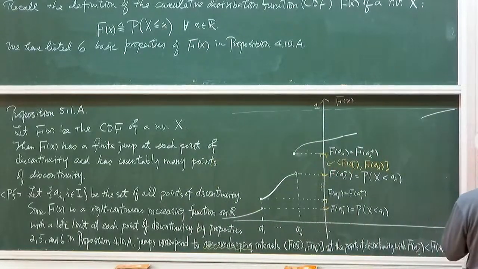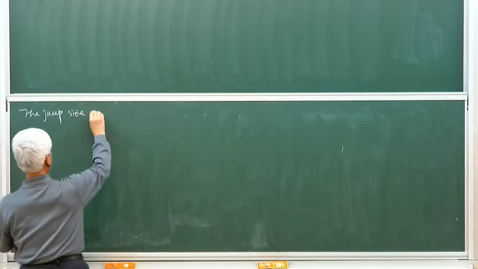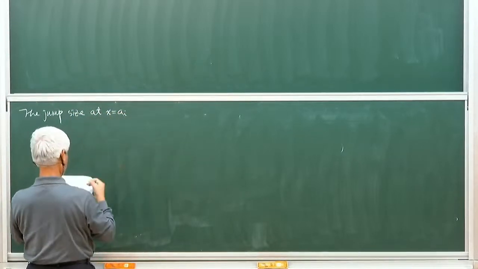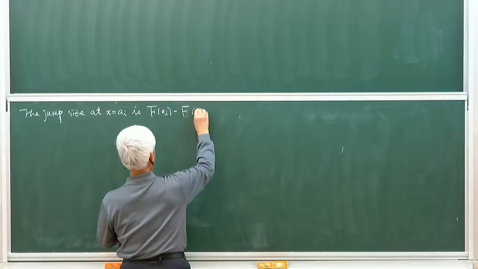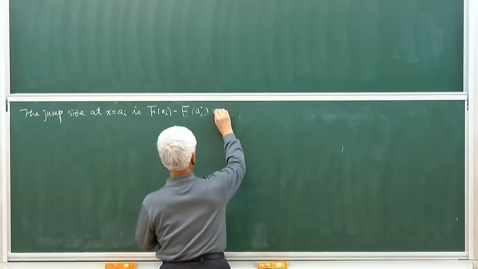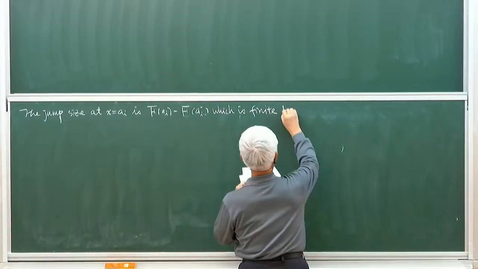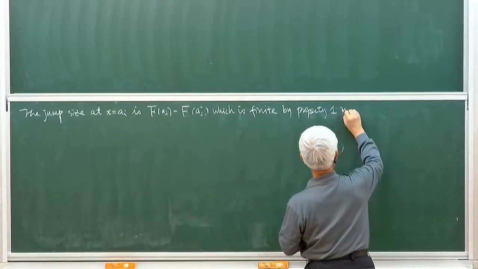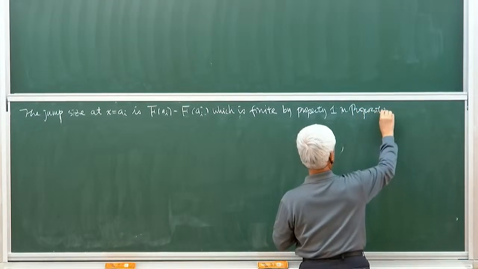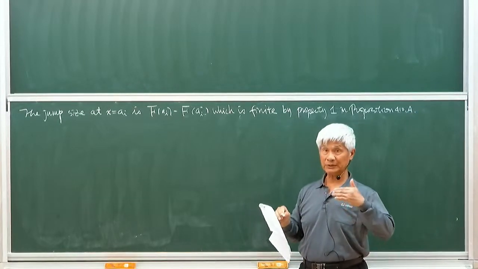Now the jump size at x equal to a_i is just F(a_i) minus F(a_i minus), which is finite by property 1 in proposition 4.10.8, because the function value is between 0 and 1.